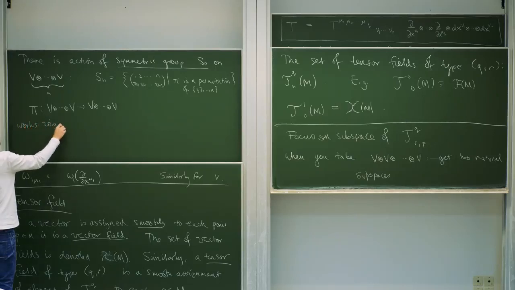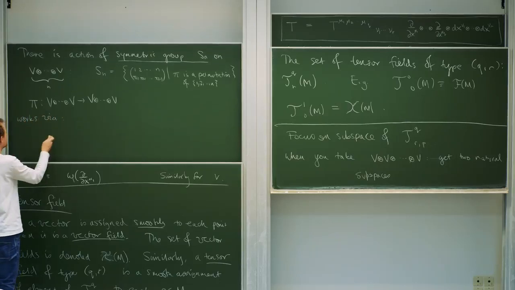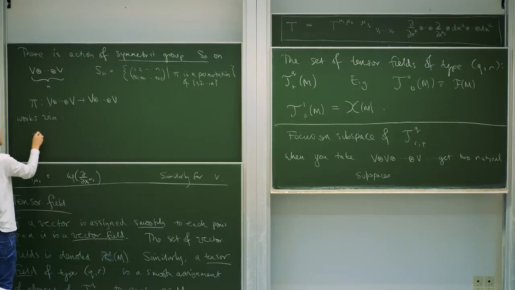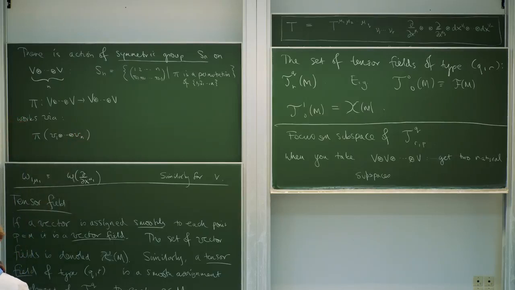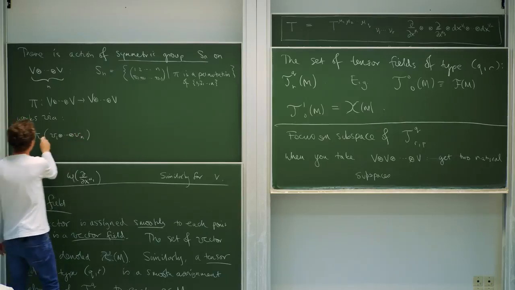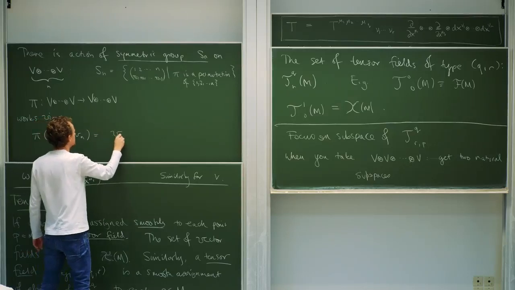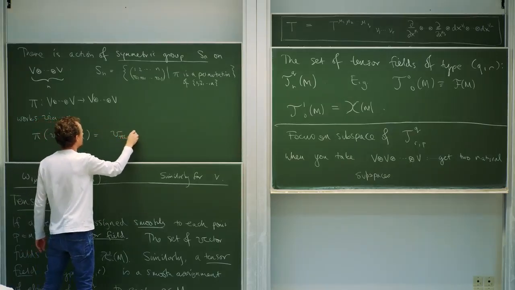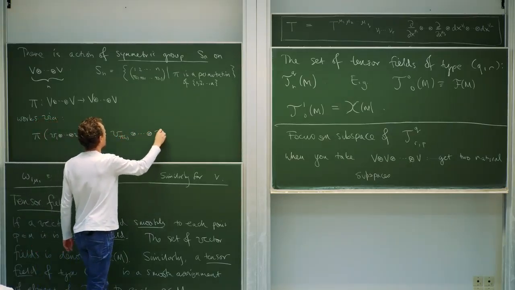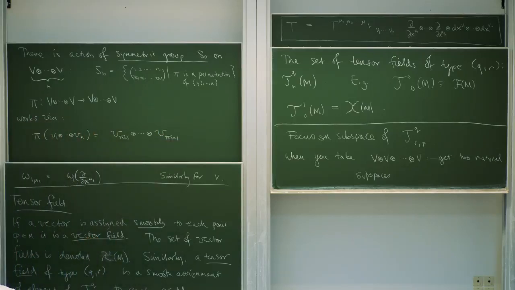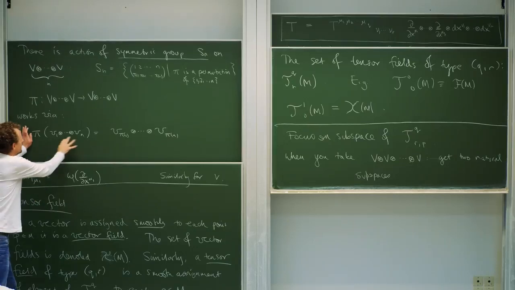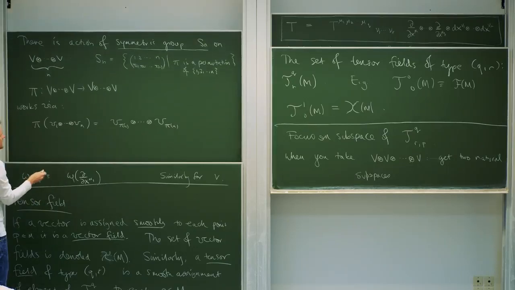So it acts via its action on product vectors. You take some product vectors in that vector space, and pi on that is the new product vector, and then you extend by linearity because they're a linearly independent set of vectors.